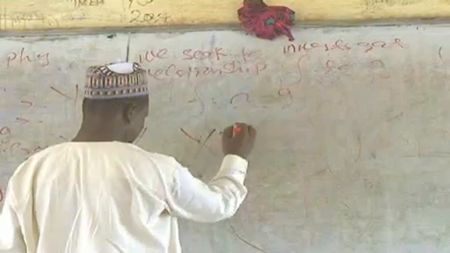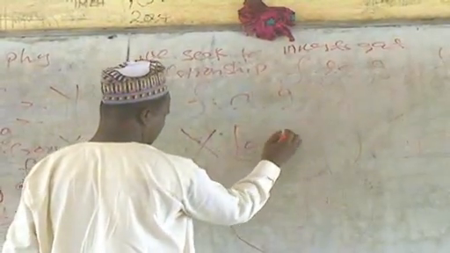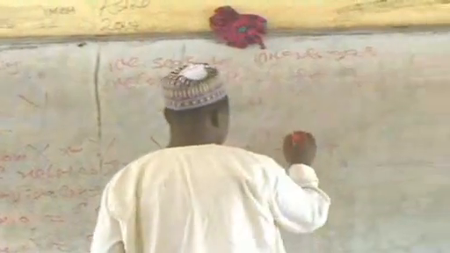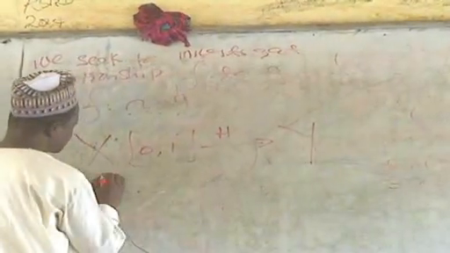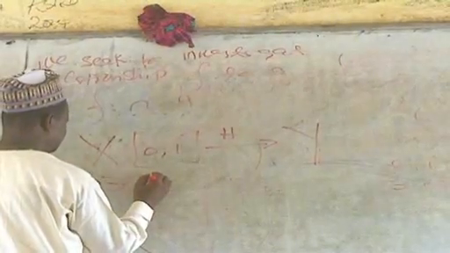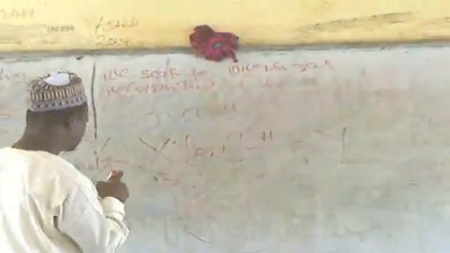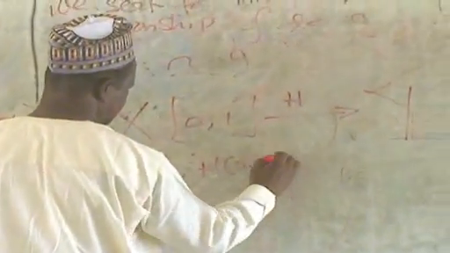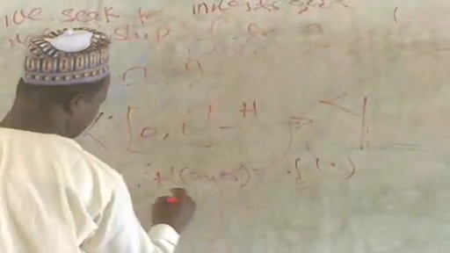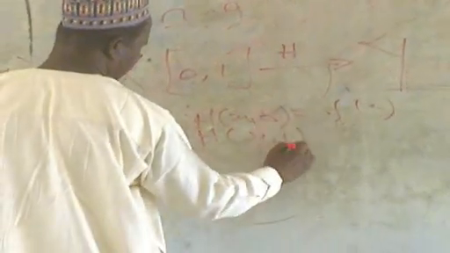So you have X and you map it with the 0, 1 interval, and you go under H to Y such that H under X, 0 will give you F of X. The same H under X, 1 will give you G of X.